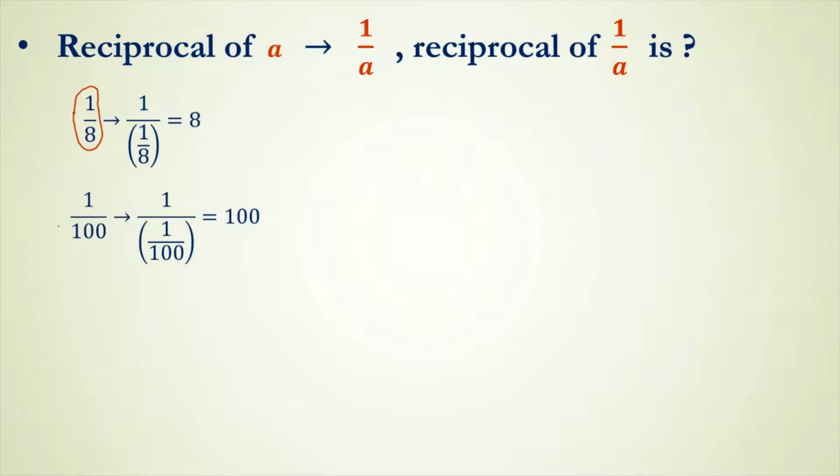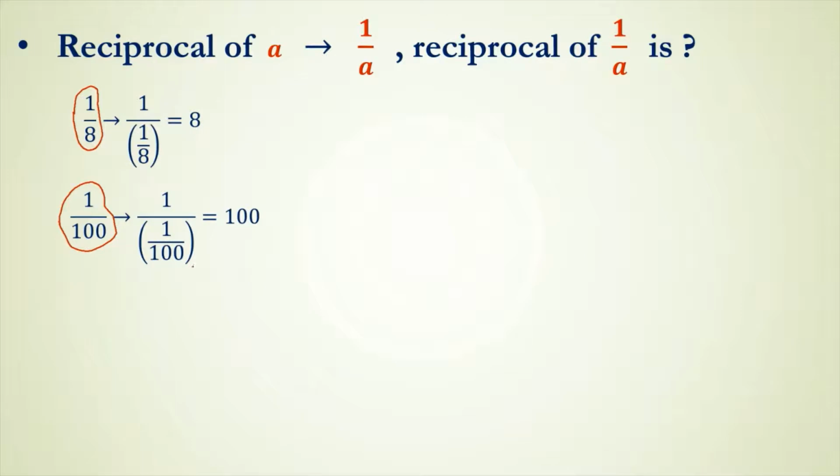Let's look at another example. 1 over 100. Similarly, we're going to treat 1 over 100 as a whole thing. The reciprocal of this whole thing is 1 over this whole thing. And this whole thing is 1 over 100. So it becomes 1 over 1 over 100.